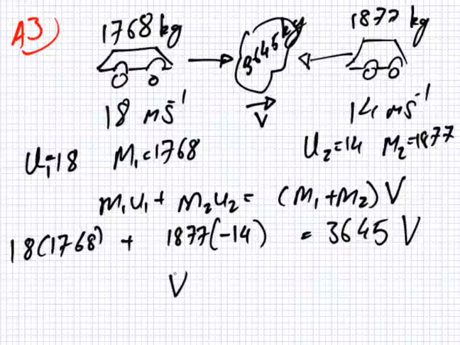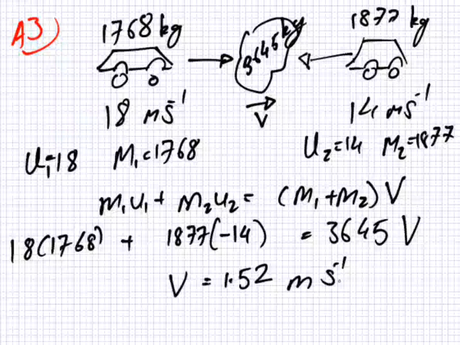The A3 is one which was very badly answered. Or maybe I should say not badly answered, but a very common mistake here. So what you had is, this car moves with this speed, and this car moves with this speed, and they collide.